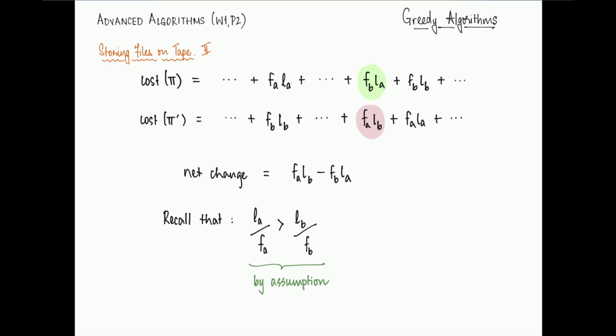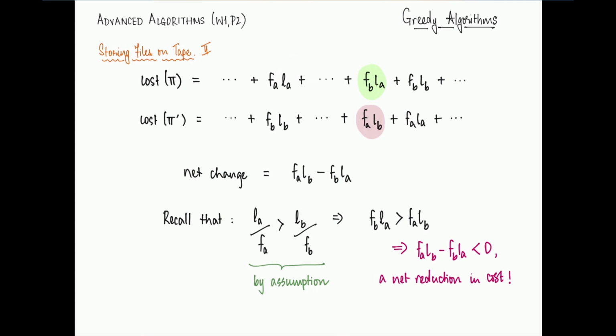We did say that A has a bigger L over F ratio compared to B, which simply means that LA over FA is greater than LB over FB. That translates to FB times LA being bigger than FA times LB, which tells us that the net change in cost is actually negative, which means that we have an improvement in the cost when we slide over from pi to pi prime.